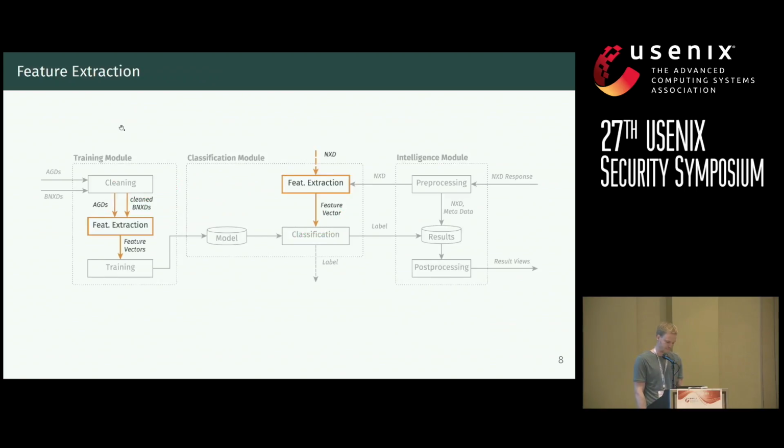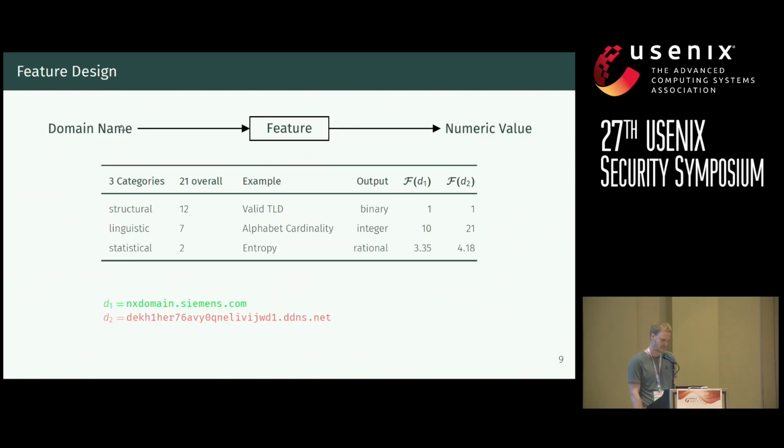Next I give a short overview of the features we used within FANCI. Here I present three examples. In general, a feature is simply a mathematical function taking an input value, in our case only a domain name, and then outputting a numeric value.